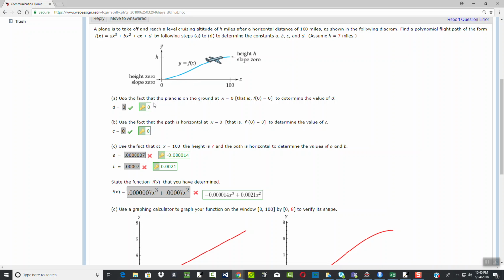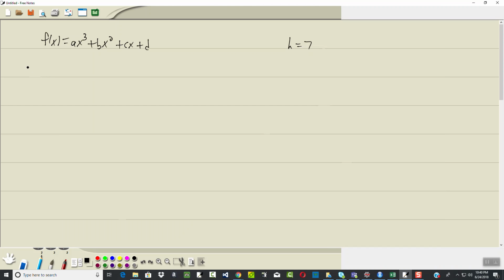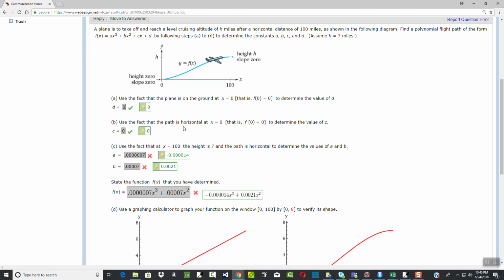Okay. Use the fact that the plane is on the ground at x equals 0 to determine the value of d. So if it's on the ground here at x equals 0, what's f of x? f of x represents our height.